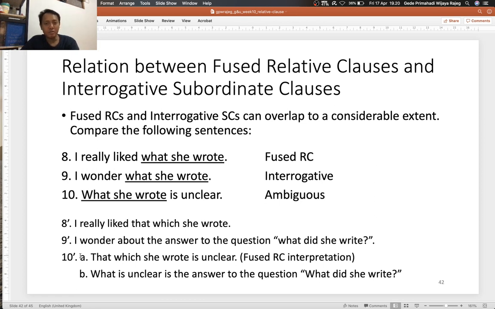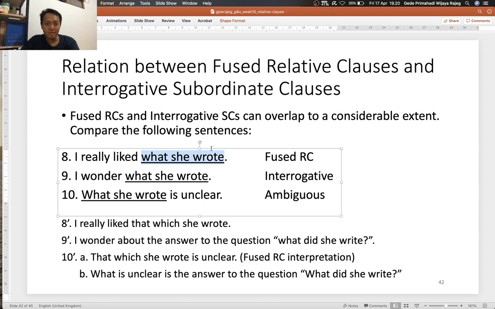And if you interpret number 10 as interrogative, you will have sentence B: what is unclear is the answer to the question, what did she write? So that is how fused relative clauses may relate to interrogative subordinate clauses, because they have the same form, "what she wrote."